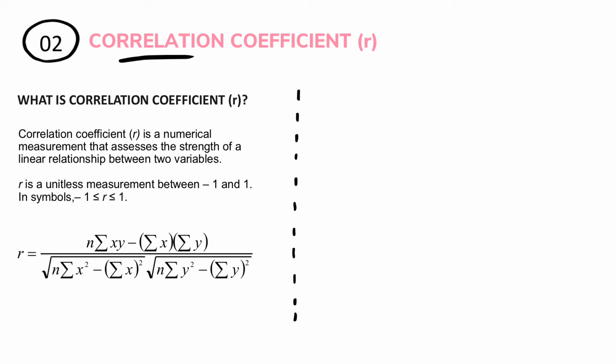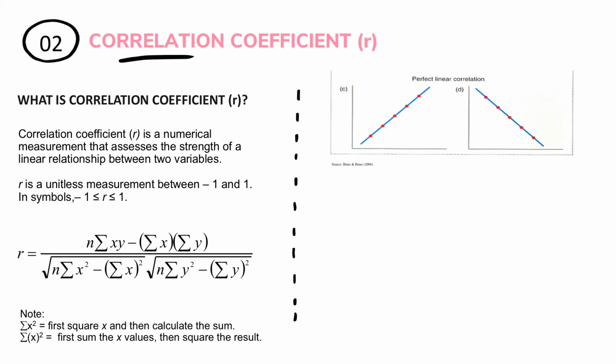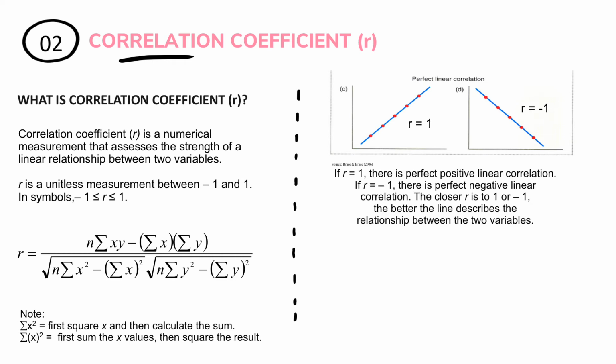So how is the R value associated with the linear correlation? Suppose we have these two graphs, whereby the first one here on the left is a positive linear correlation and the second one is a negative linear correlation. So the R values for these graphs is 1 for the positive linear correlation and -1 for the negative linear correlation.